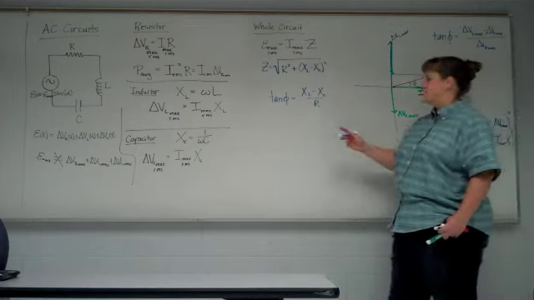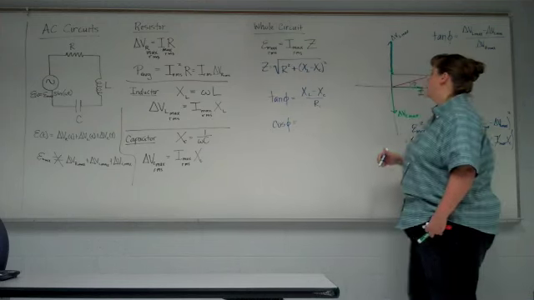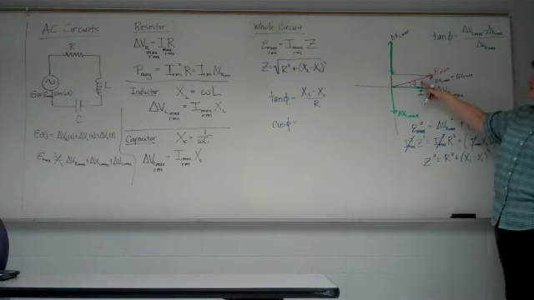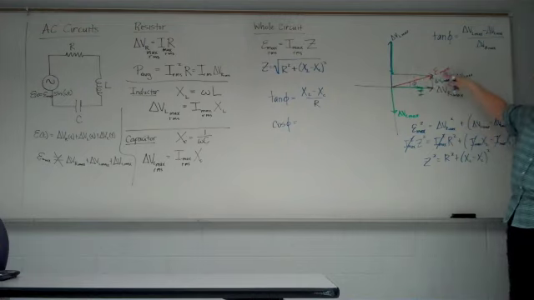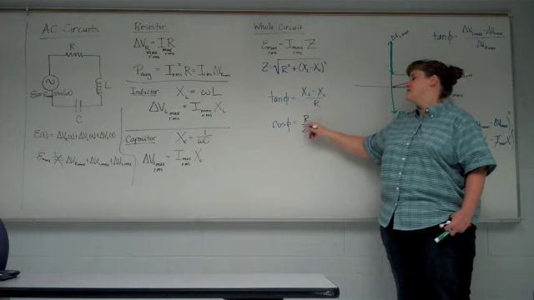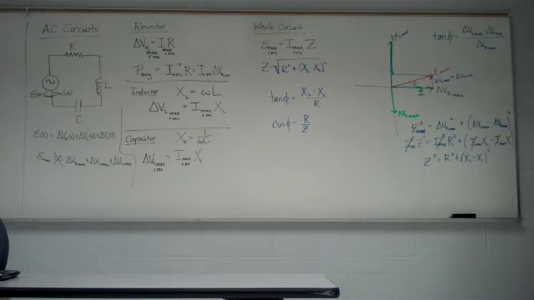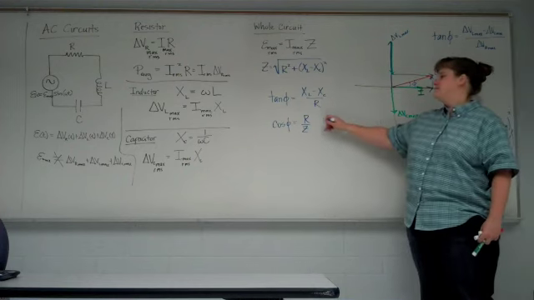Another term you're going to see is the cosine of phi. If we take the cosine of this angle, it's adjacent over hypotenuse, so it'd be delta VR max over E max, which will end up reducing to R over Z. This is actually called the power factor.